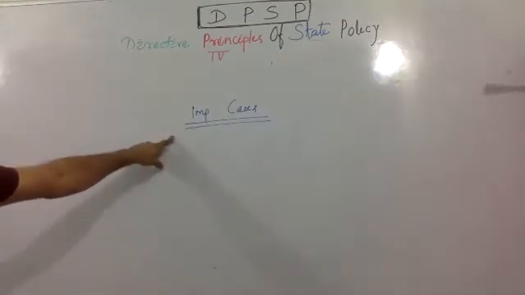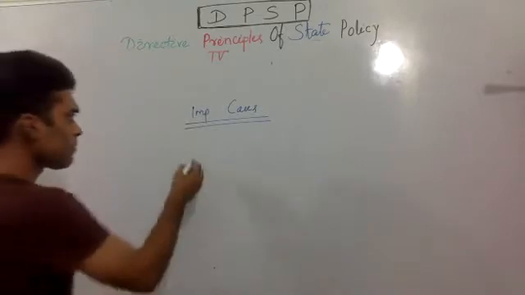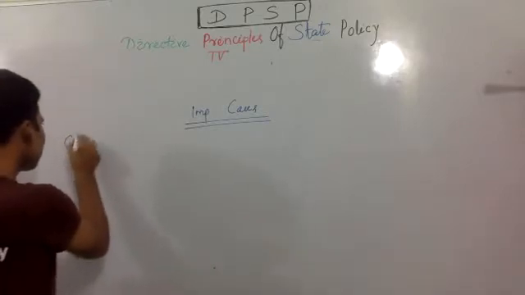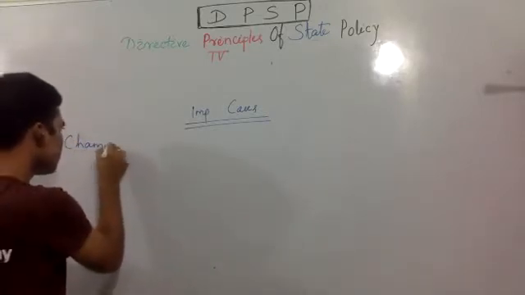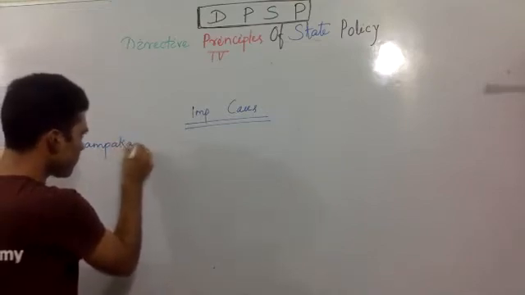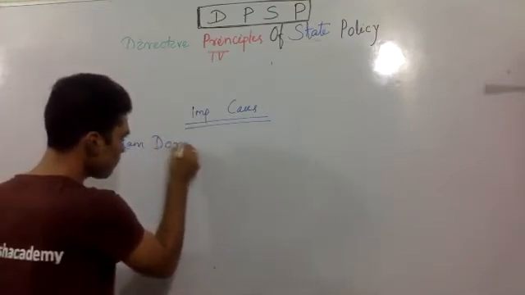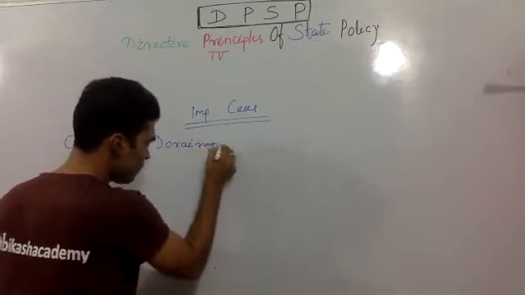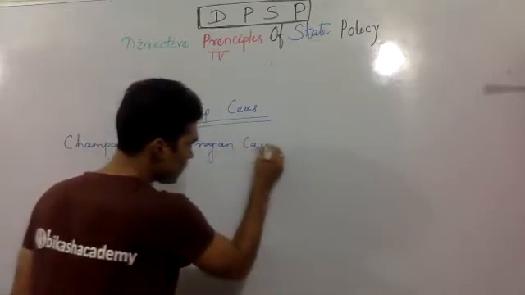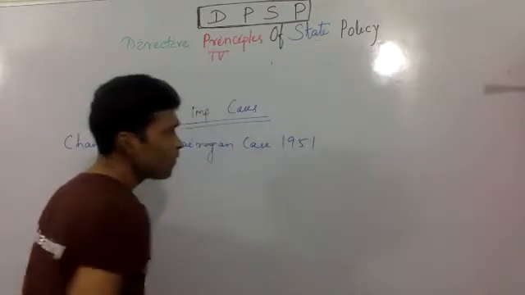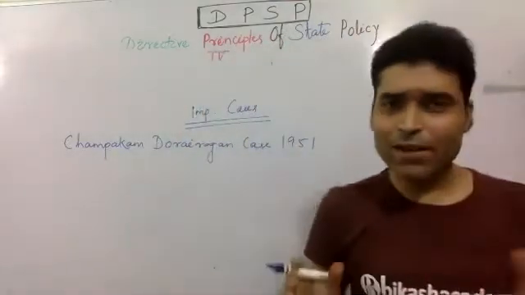One case is the Champakam Dorairajan case, 1951. Why is this very, very important?